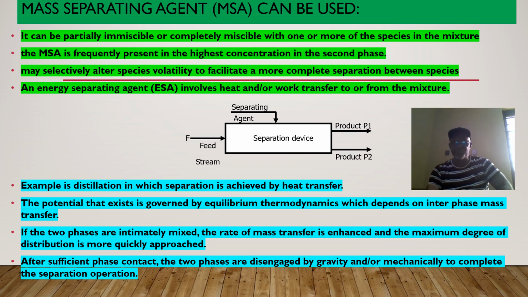So you can do it 2, 3, 4 times. And if it is in a continuous process, that stream can pass through, as we're going to see later, 1, 2, or even 3 separating devices. So at the end of the day, the separation process will be achieved fully.